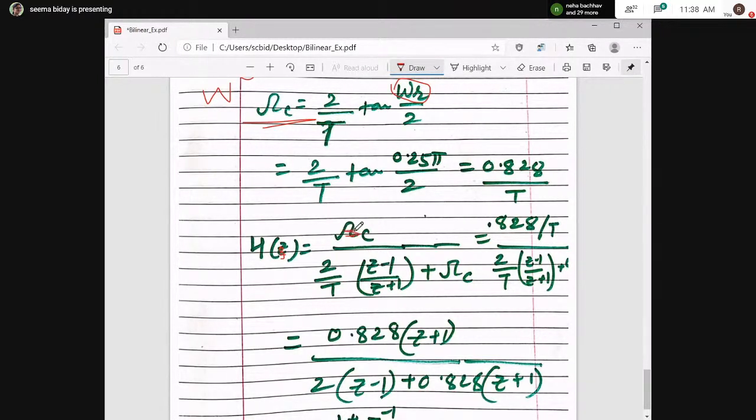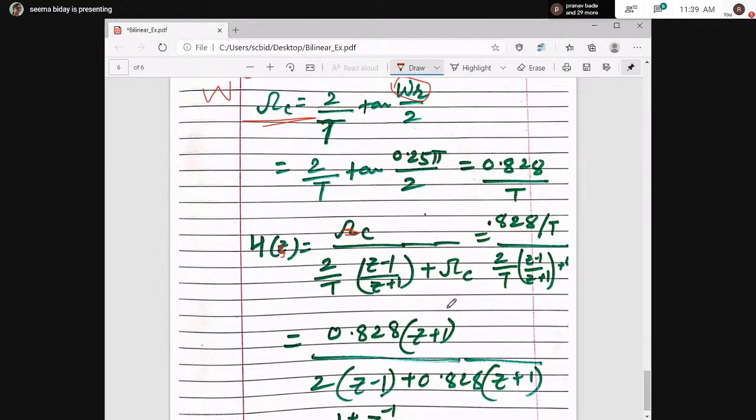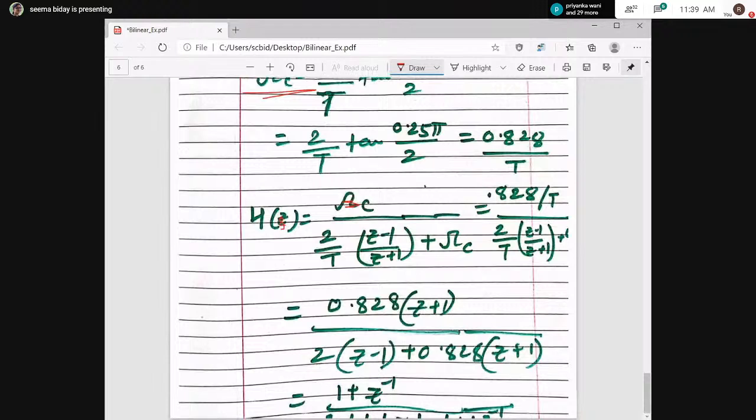Instead of omega C, you replace this value that you have got. And S is replaced by 2 by T, Z minus 1 divided by Z plus 1, plus omega C. Simply, H of Z is obtained by replacing S by 2 by T, Z minus 1 over Z plus 1. So now the final answer is like this.